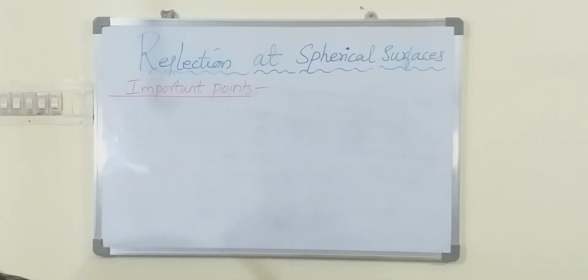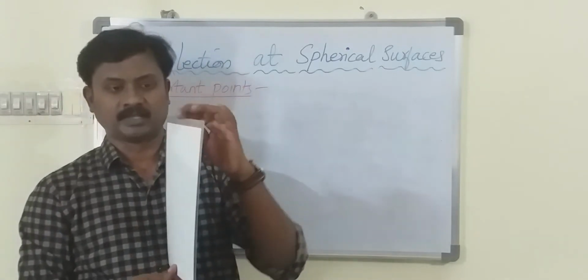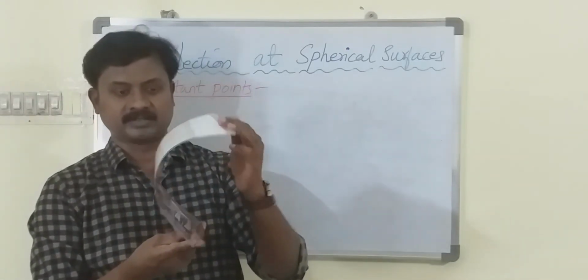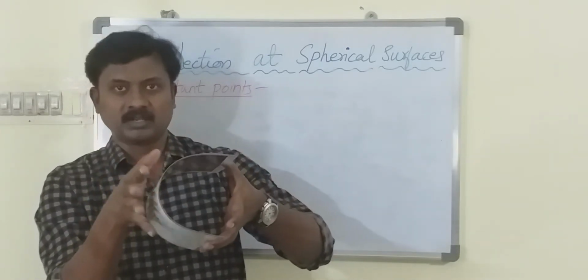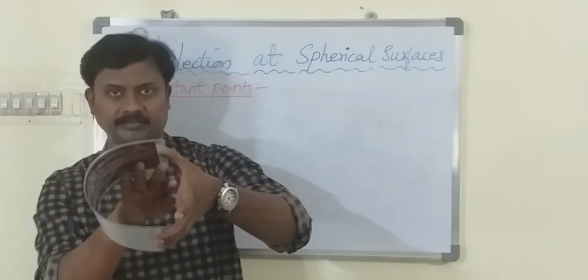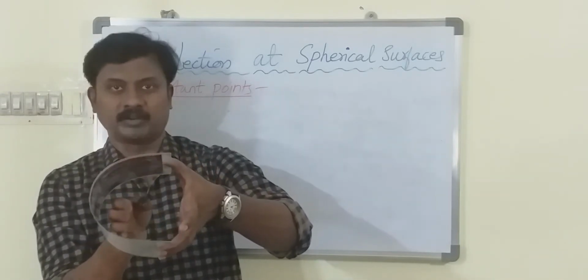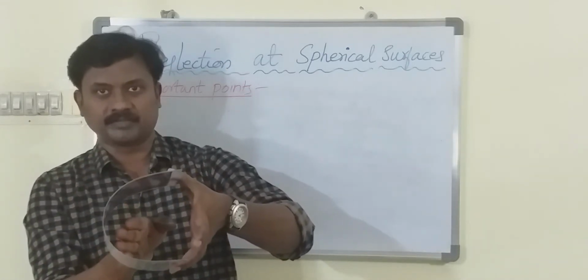So you can also understand, this is a plane surface, and if I bend like this, right, now this bulging part is what we call as convex surface, and which is curved inside is called as a concave surface. Outside is convex and this is concave surface.